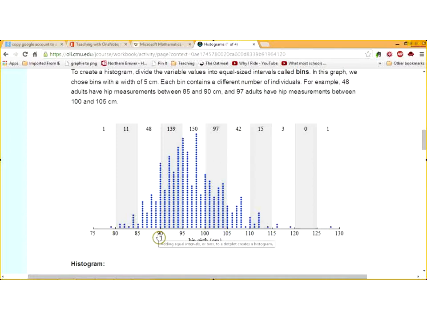And that's usually how we do it, is that we count values that are on the line between 2 bins. And the bin, you could say, includes its lower end. So this white includes 85, but it doesn't include 90. And the next bin from 90 to 95 includes 90, but not 95.